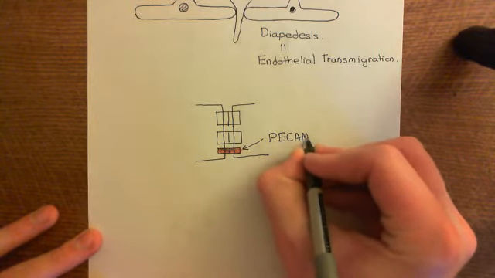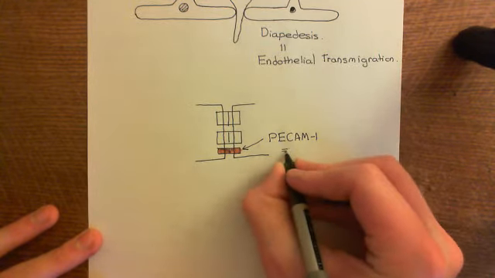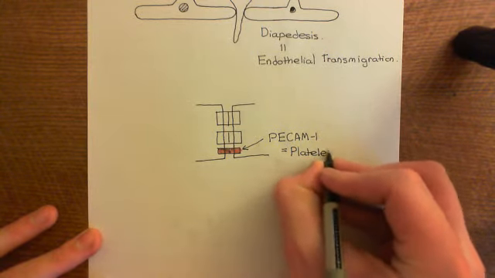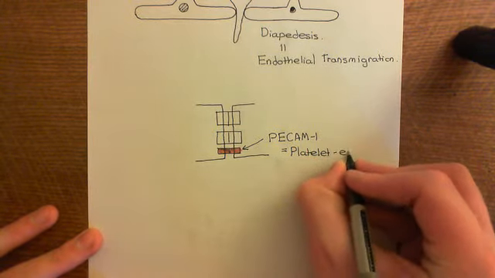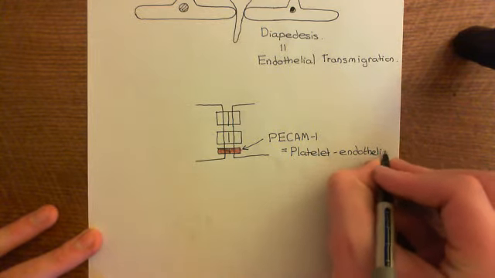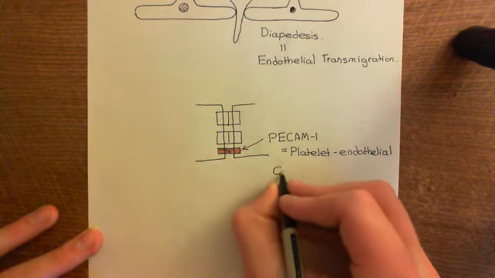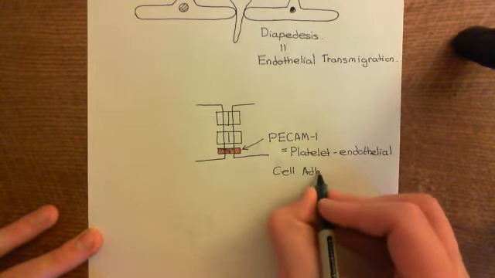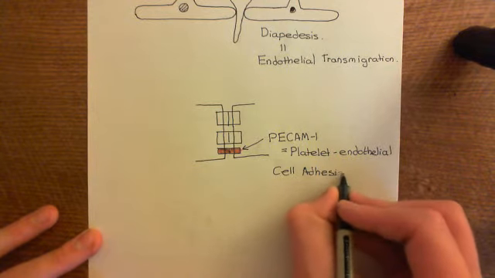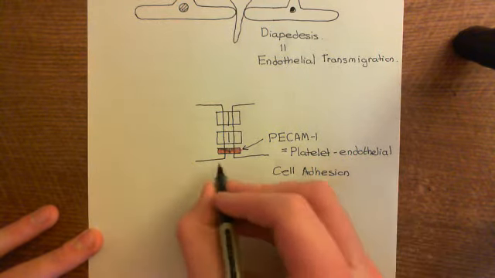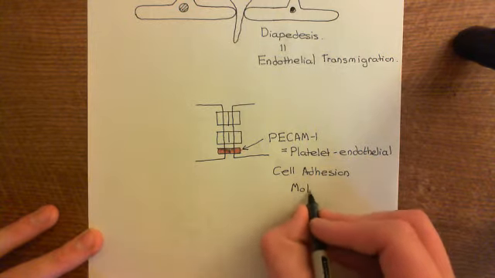Okay, so this stands for platelet, that's the P, and then the E is for endothelial. Okay, so you have a dash and then endothelial, and then cell adhesion molecule 1. So the platelet endothelial cell adhesion molecule 1 is forming these junctions between endothelial cells.